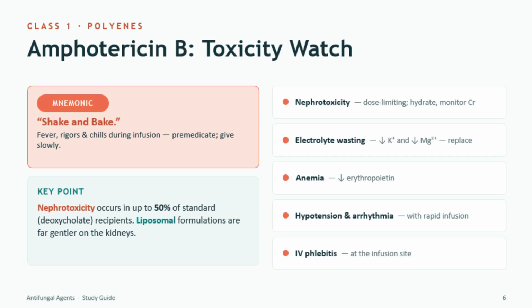It also wastes electrolytes, dropping potassium and magnesium, and it causes anemia by lowering erythropoietin. Rapid infusion can trigger hypotension and arrhythmia, and you'll often see phlebitis at the drip site. One key point: nephrotoxicity hits up to half of patients on the standard deoxycholate form, but the liposomal formulation is far gentler on the kidneys.